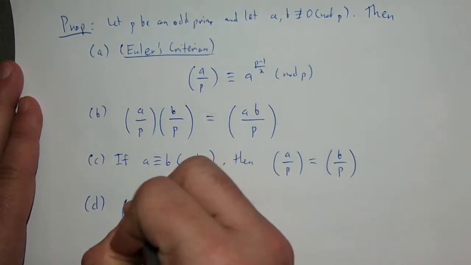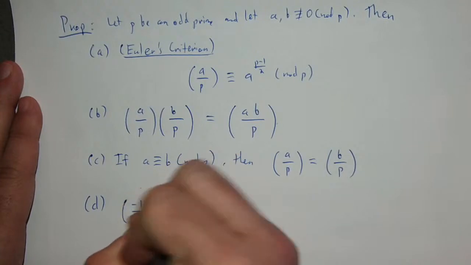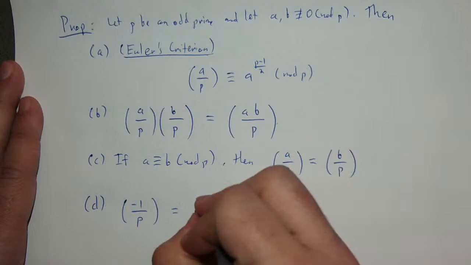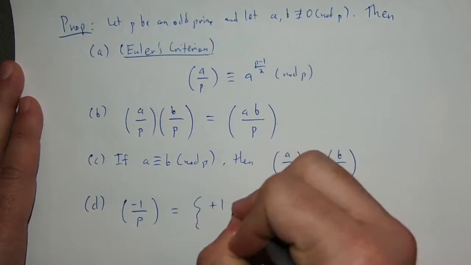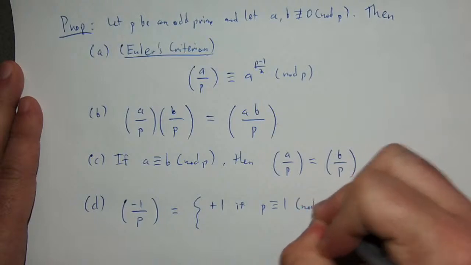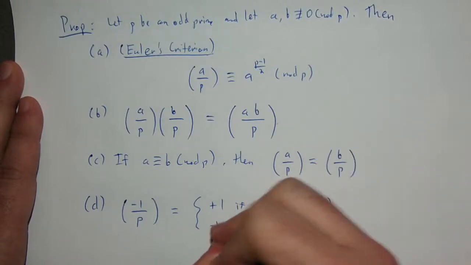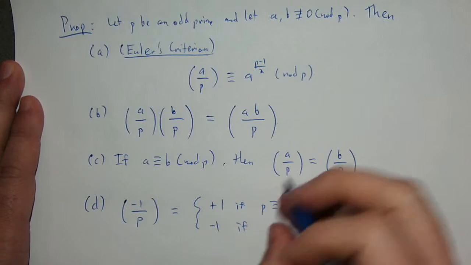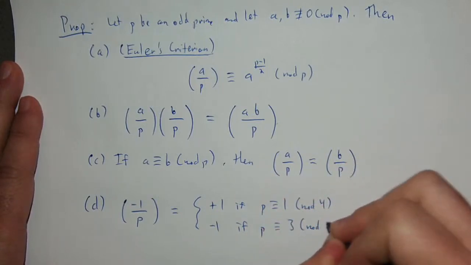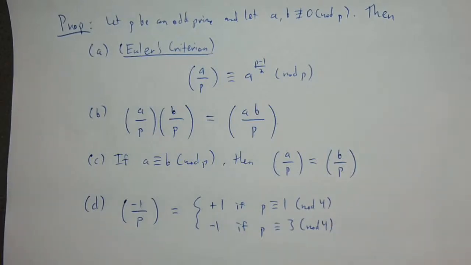So -1 on P is equal to +1 if P is congruent to 1 mod 4, and -1 if P is congruent to 3 mod 4. And those are the only options for an odd prime P.